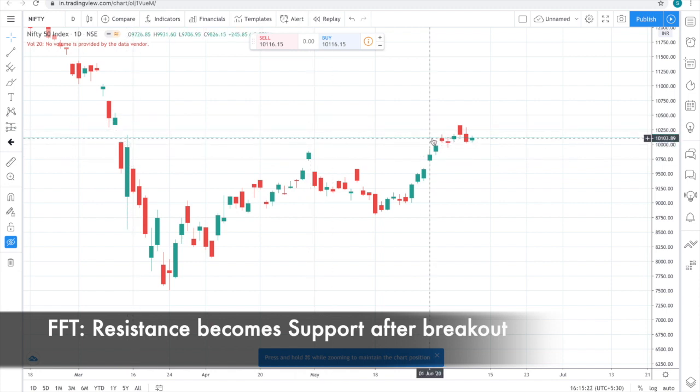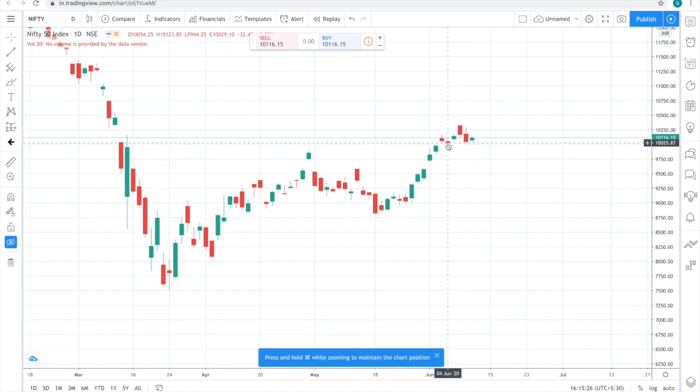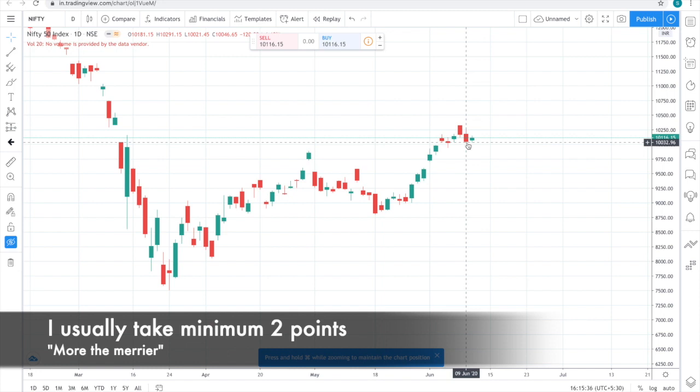Then the second point we see here is this one on the same line right here. So you see the stock came back down here, found support, went up, found support. So we have 3 points.